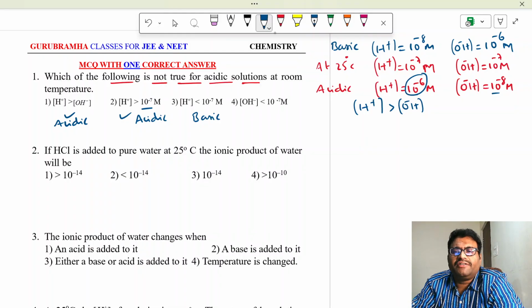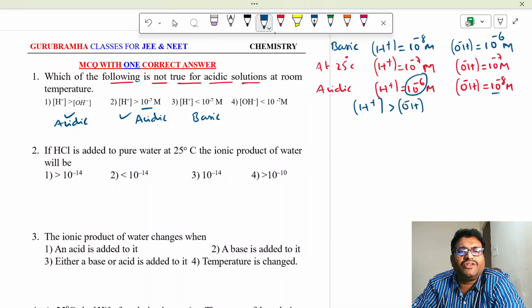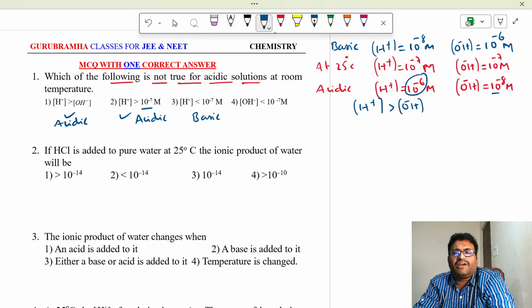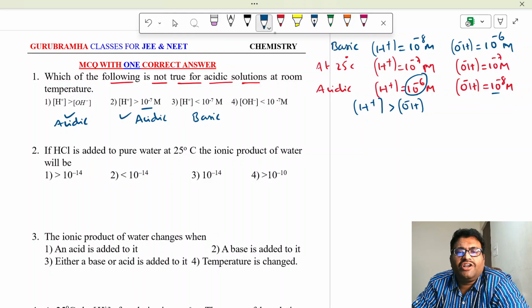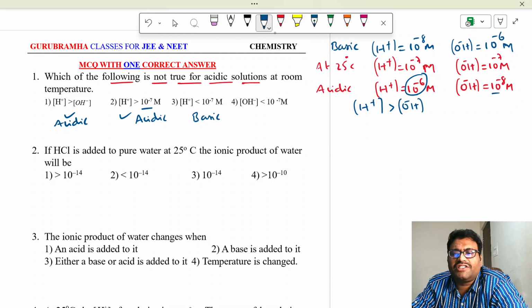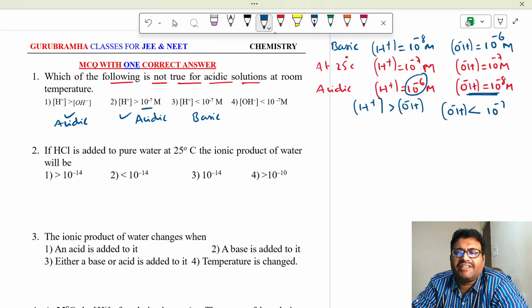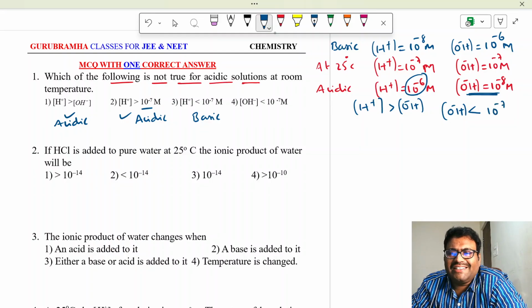So for acidic solution, he is asking for acidic solution. For acidic solution, H plus ion concentration is greater than OH minus ion concentration. Now what about OH minus ion concentration? Here OH minus ion concentration is 10 power minus 8, so it is less than 10 power minus 7. Is 10 power minus 8 greater than 10 power minus 7 or less than 10 power minus 7?